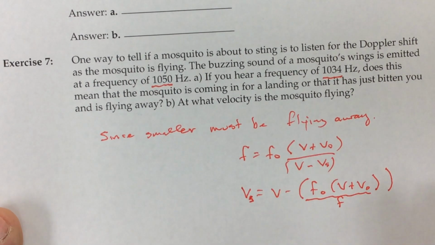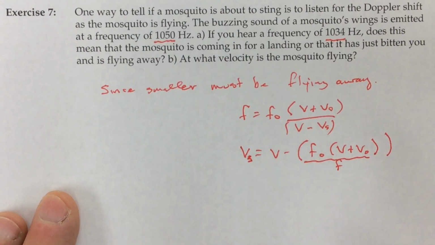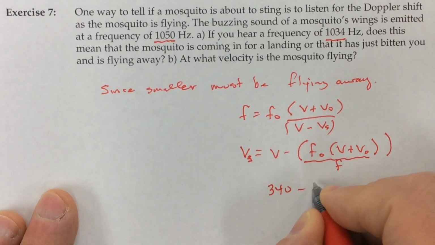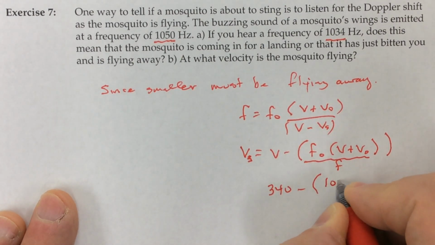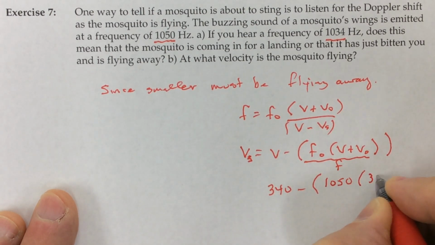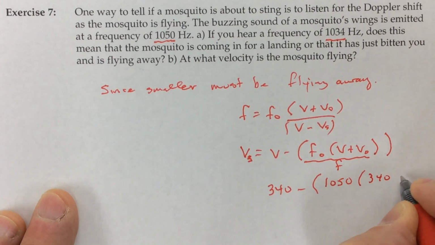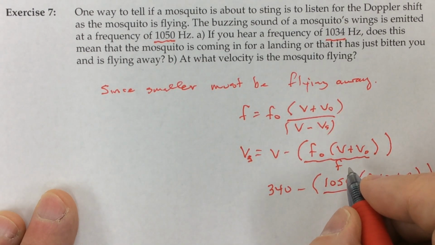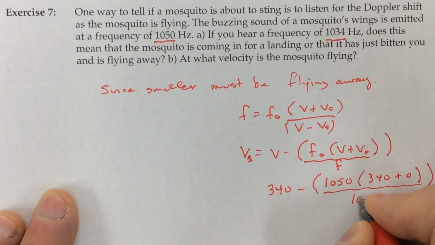Okay, and now I need to fill it in. The mosquito has an original frequency of 1050. So the speed of sound is 340 minus, and then this is 1050, times the speed of sound again, 340. You're not moving, so that would be 0, and then your perceived sound is that lower frequency, 1034.